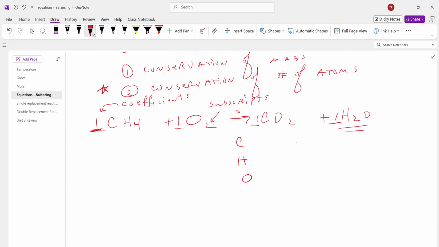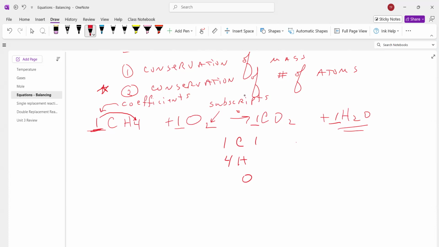Okay, so let's count carbons. How many carbons are on the left? 1. What about on the right? 1. We have 1 CH4, that means we have 1 carbon. How many hydrogens do we have on the left? 4, because 1 times 4 is 4.